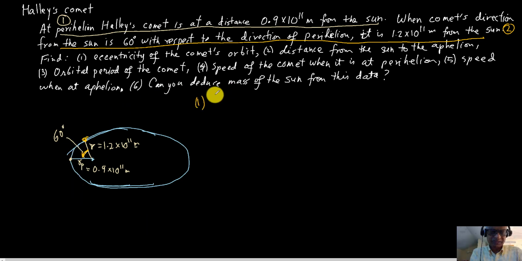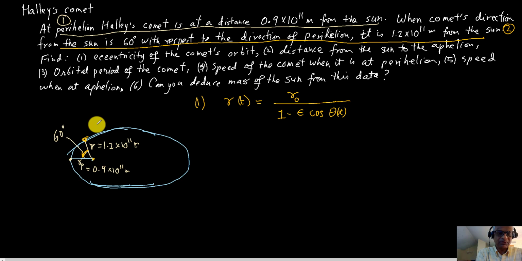So let's use the equation that we have deduced. r at any time is equal to some constant r0 over 1 minus this eccentricity constant epsilon cosine theta. So you have to know what theta and r refer to.